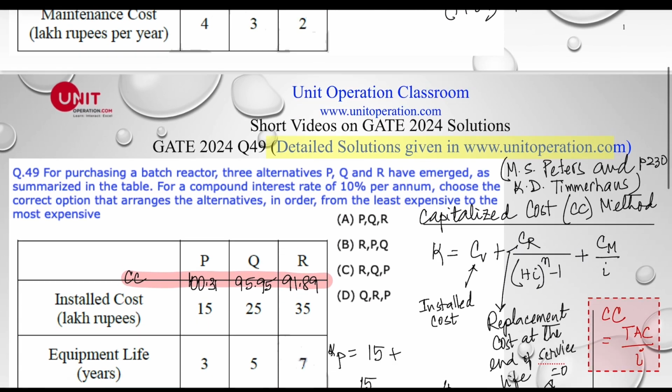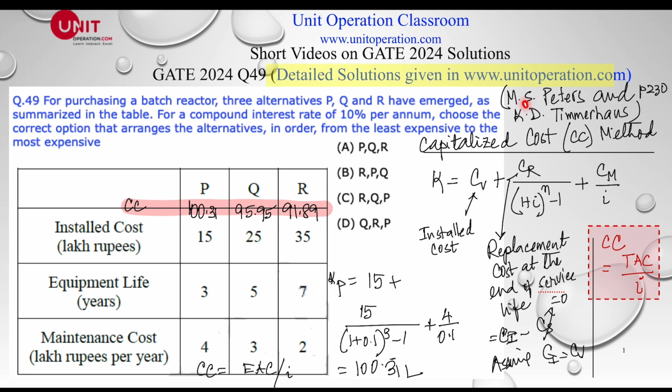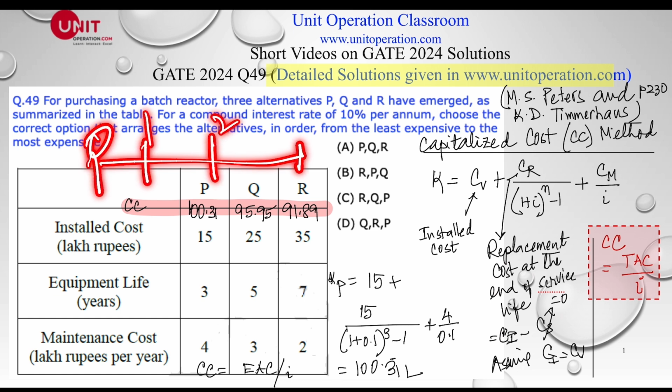There is another method which is given, of course, in Peters and Timmerhaus, which is the capitalized cost method. In this method, you see this CV is the installed cost, which is this one right here, and CR is the replacement cost at the end of the service life. So let's say this is 0, this is 1, this is 2, and the third year.